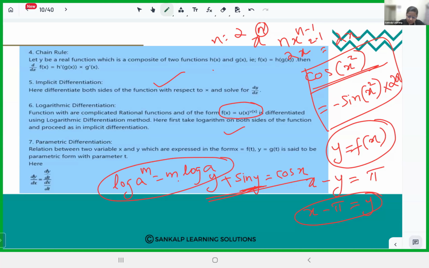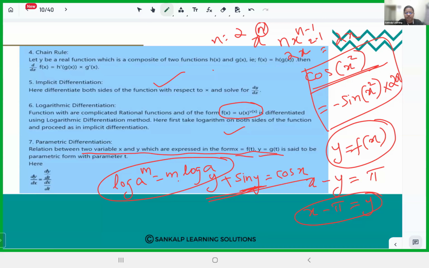Now, parametric differentiation means the relation between two variables x and y is expressed in the form x equal to f of t, y equal to g of t. So x can be represented as some function of t, and similarly y can be represented as some function of t, which means x and y have some relation.